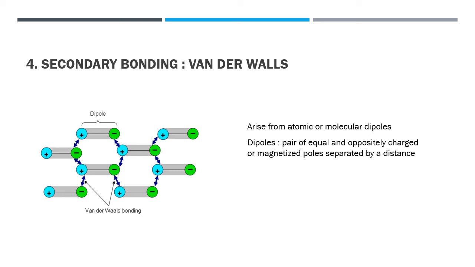So what happens is, along the atom, there are similar atoms nearby, which create another dipole. So these dipoles also have positive and negative charge. So the relationship or the bonding between these dipoles is called van der Waals bonding.